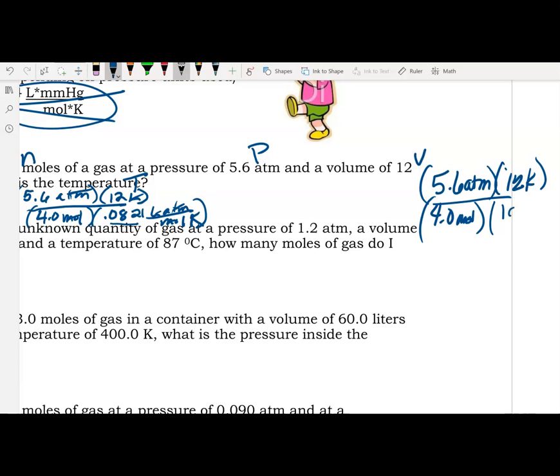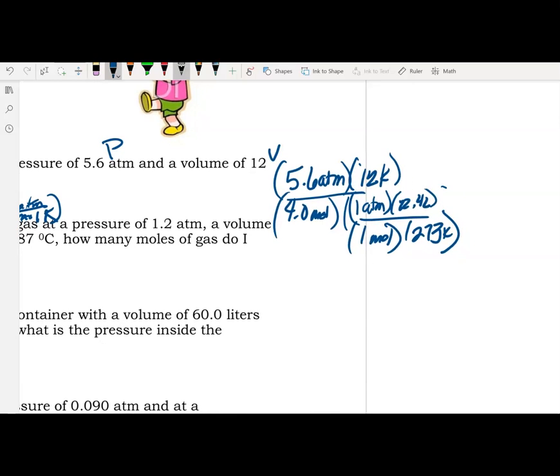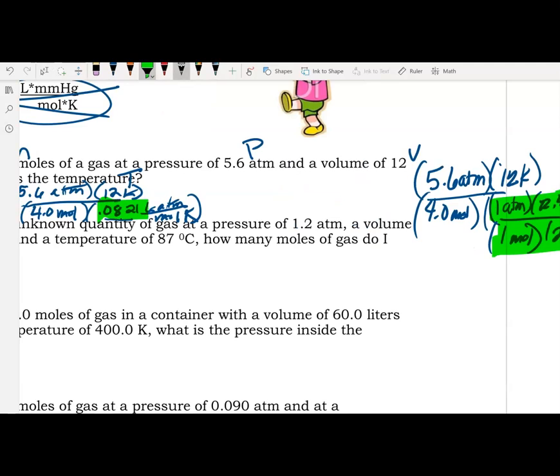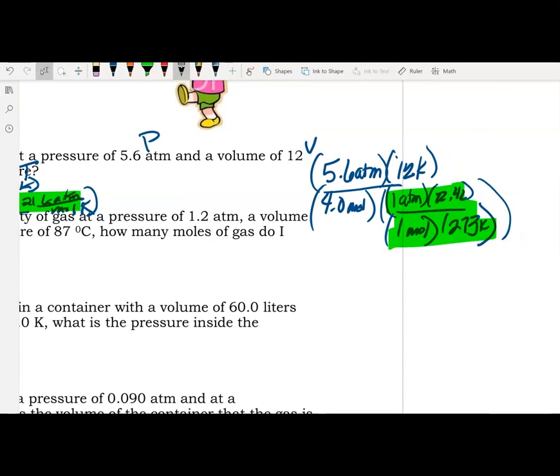So pressure is 1 atmosphere, 22.4 liters, 1 mole, and standard temperature is 273 Kelvin. You could put that in. See, that right here is replaced by this. Those are the same thing. You could put all that information in and you'll get the same thing.